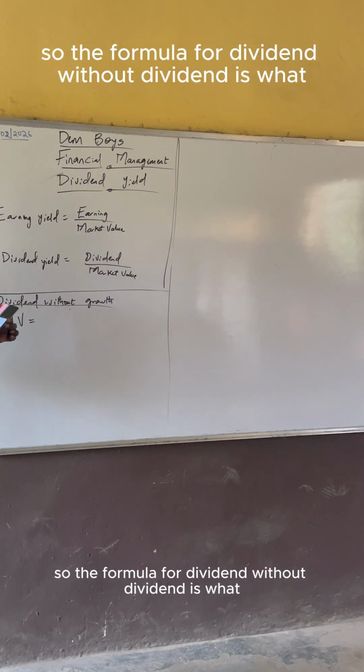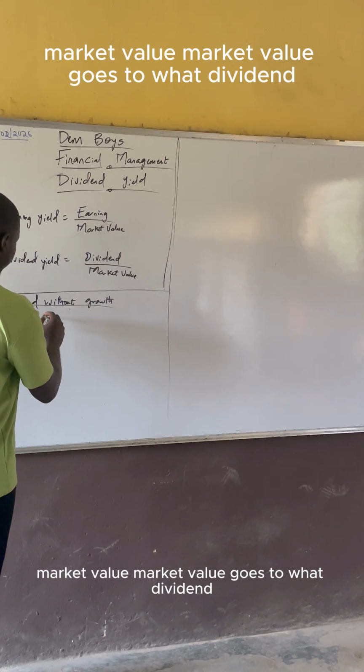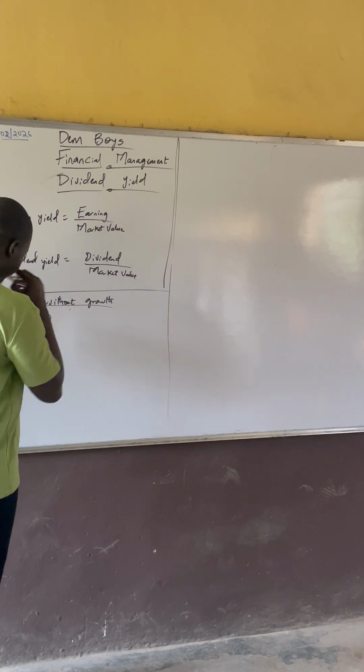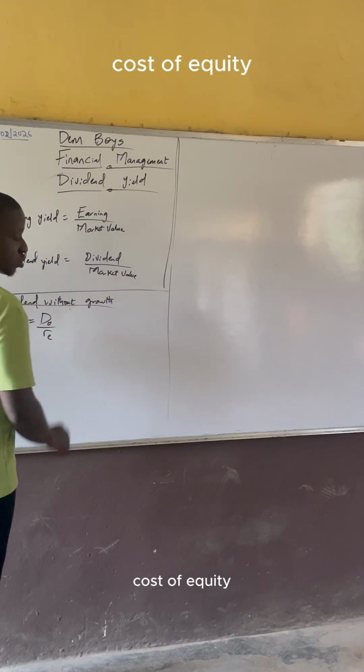The formula for dividend without growth is: market value equals dividend over cost of equity.